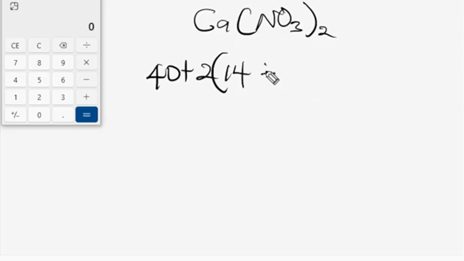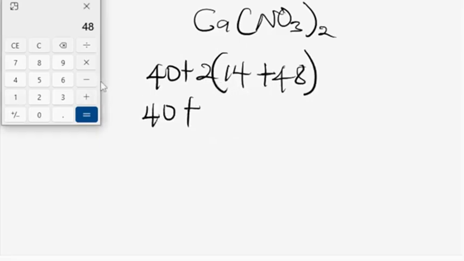and then plus 3 times oxygen. Oxygen is 16, so 16 times 3 will be 48. So 40 plus, 14 plus 48 will give us 62.